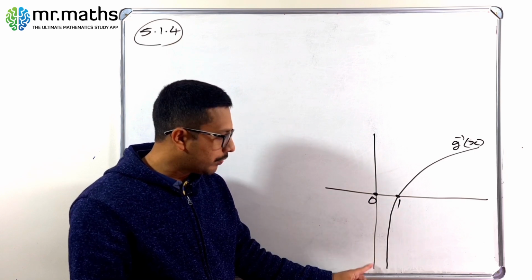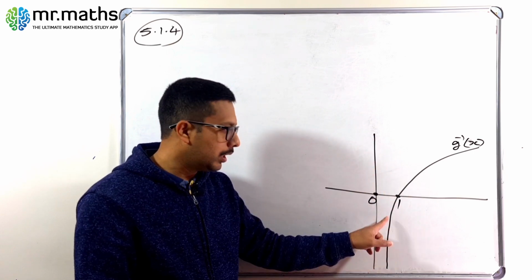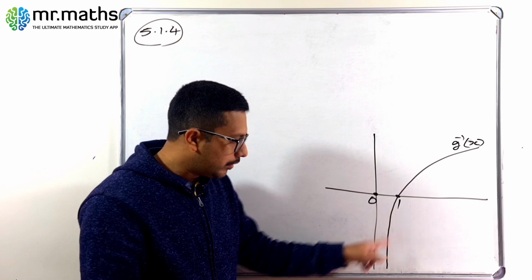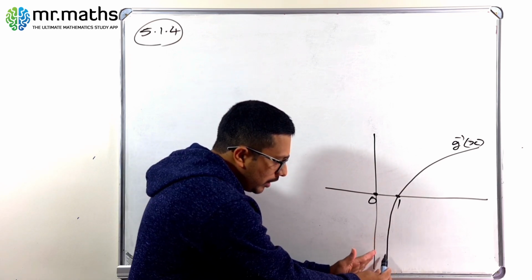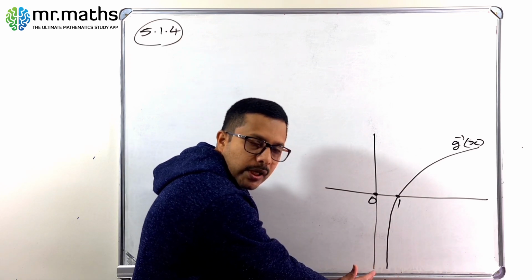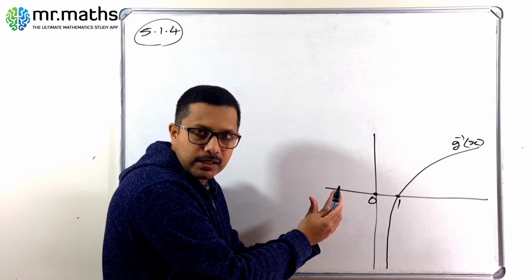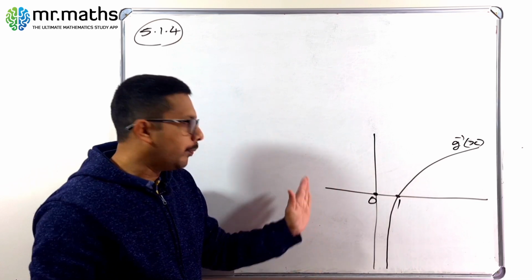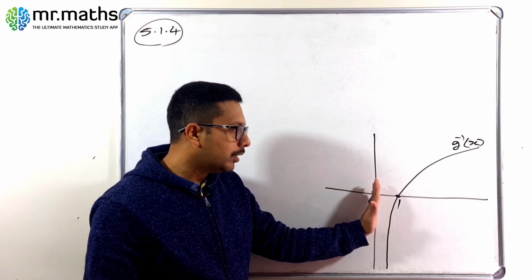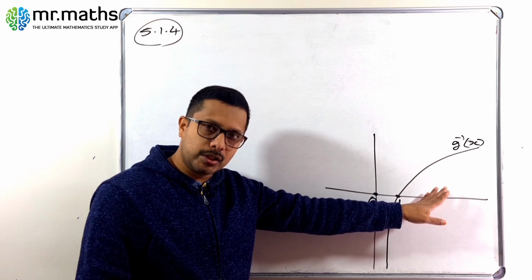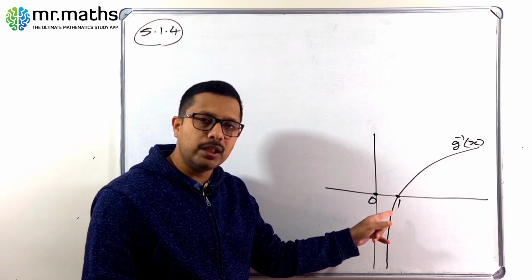No, because this y-axis is an asymptote for the g inverse of x graph. It can pass very close to the y-axis, but it won't touch it. So the x value must be greater than 0.